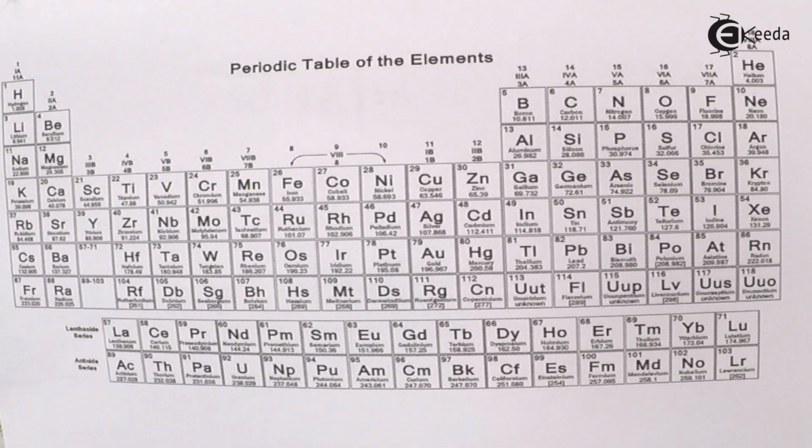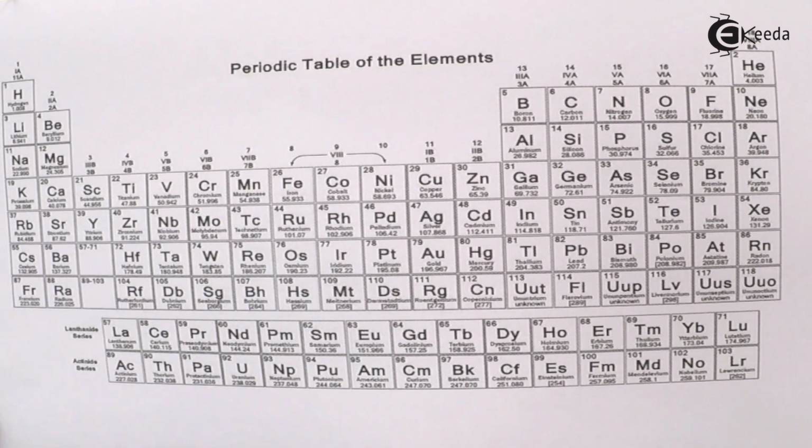Based on this, we can also predict that if we are given a particular element with its atomic number, we can easily determine to which block, which group and which period that element belongs.